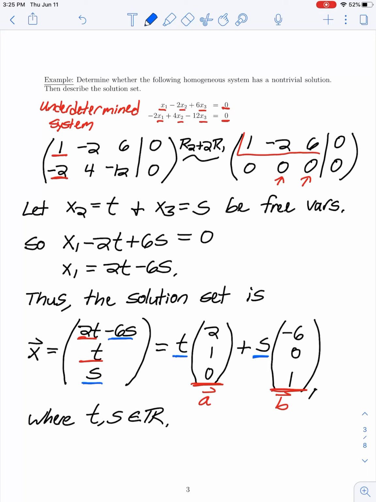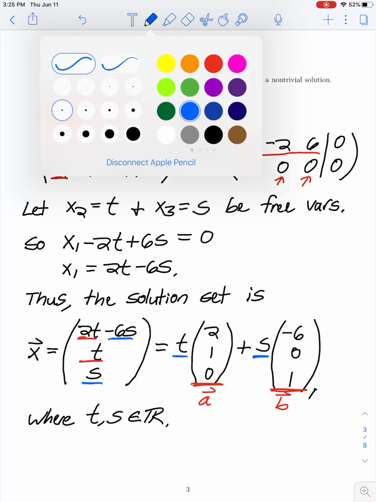So we're looking at the set of linear combinations of those two vectors in space, or the span of those two vectors in space. Now recall from our earlier section, the span of two vectors in space would be, as long as they're not scalar multiples of each other, which we can see they're clearly not here, a plane which contains those two vectors.